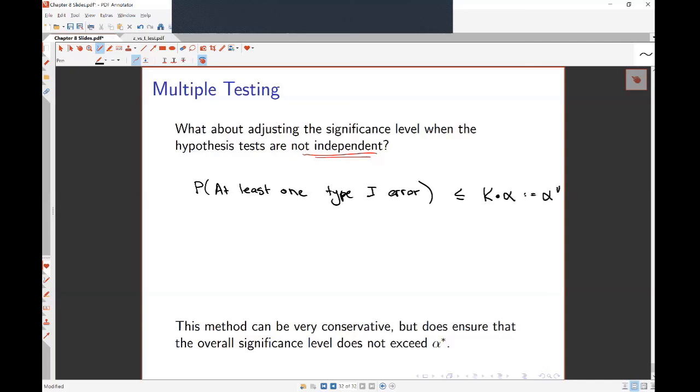And so if we don't have independence, this is now the quantity that we define to be alpha star. But what this means is if we're using this upper bound, then our individual test level alpha should be chosen as alpha star over k. So this is how you will choose your individual test level if you cannot make the assumption of independence.